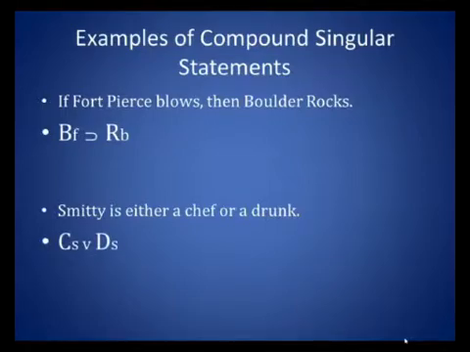Either Smitty's a chef or Smitty's a drunk. C standing for chef, S for Smitty, D for drunk, S for Smitty. Okay? So again, we're going to use predicate symbols, which are the uppercase letters A through Z for our predicates, and lowercase letters a through w, which we call individual constants, to represent our subjects.